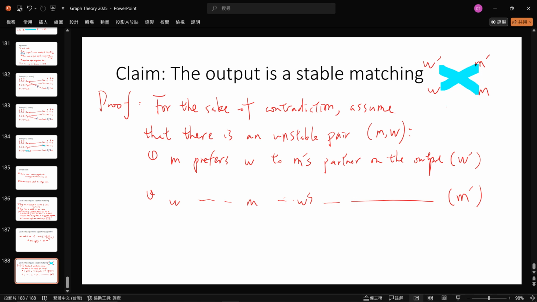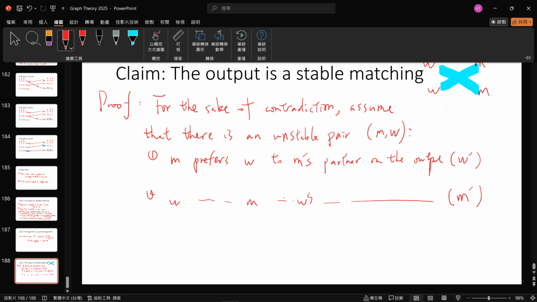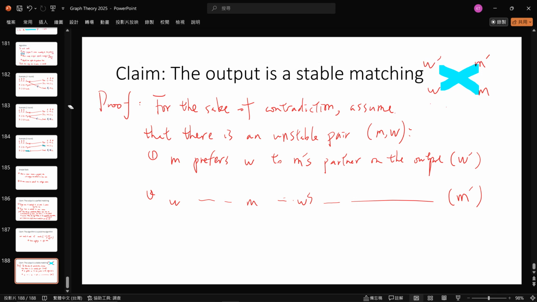So I think it would be easier to give this picture some labels.